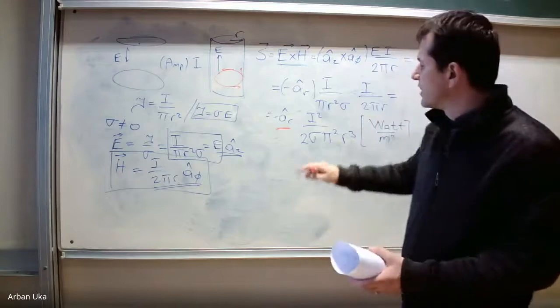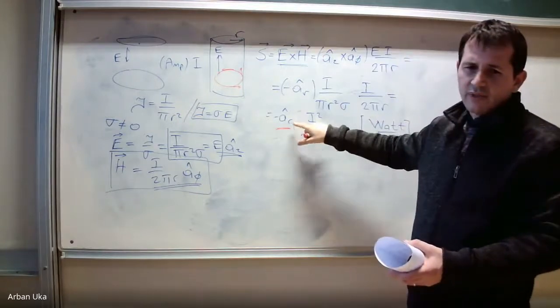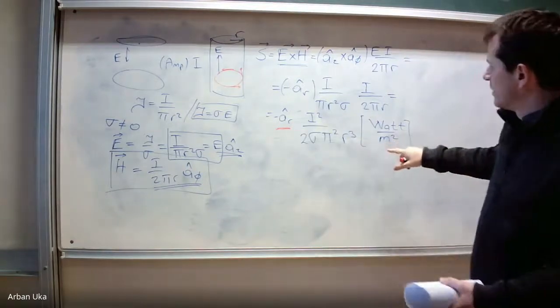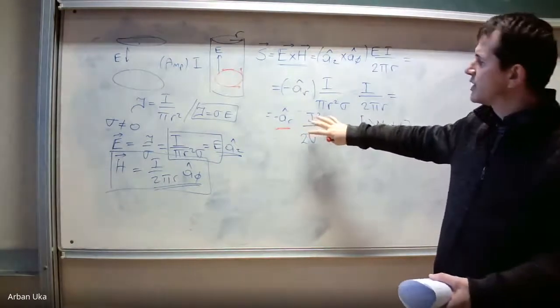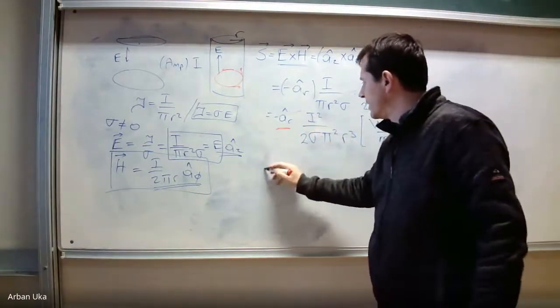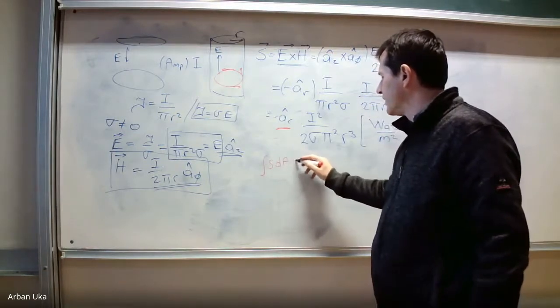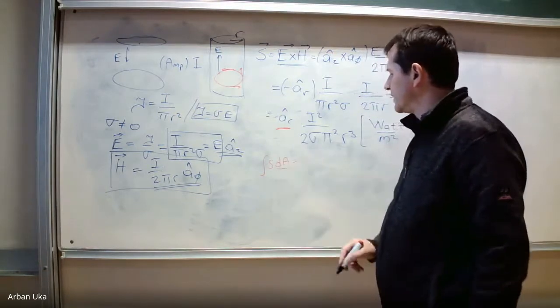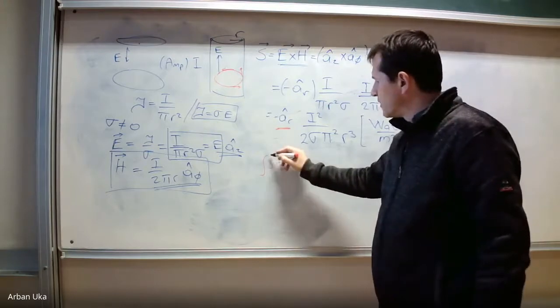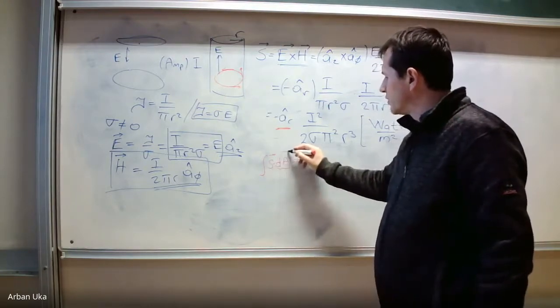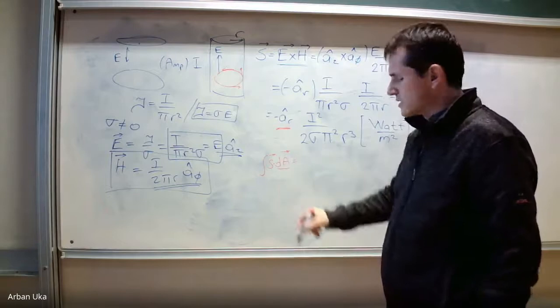Now, if we want to integrate this one over a surface area, what will be the area over which we are going to integrate? So my question is this: which one will be the area? Often we know that the dot product between two vector quantities goes like this.